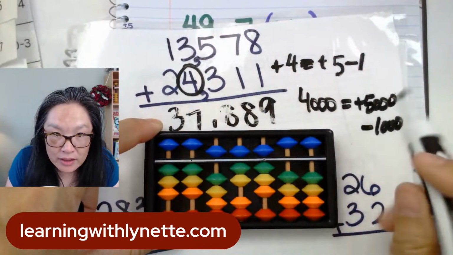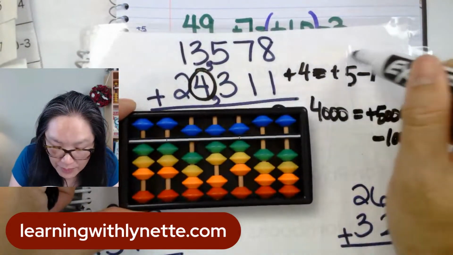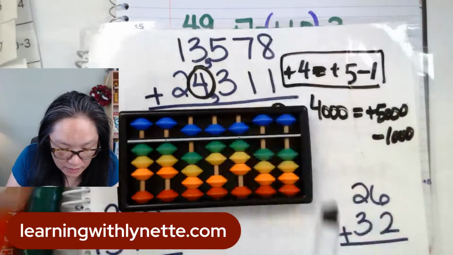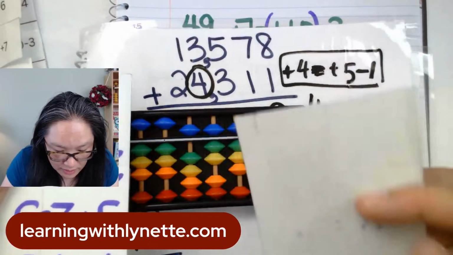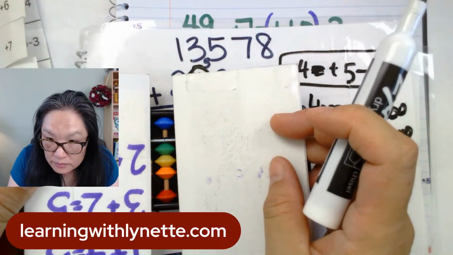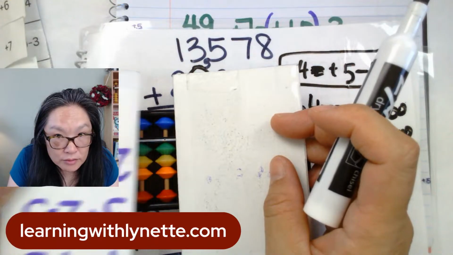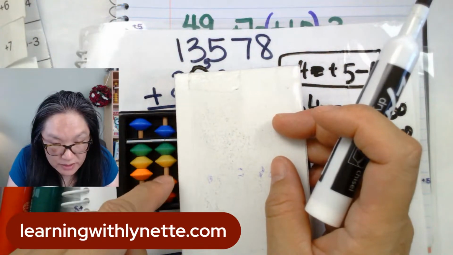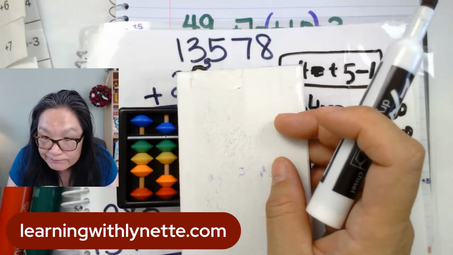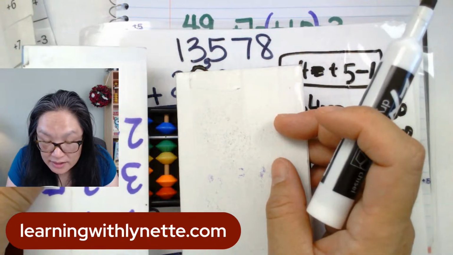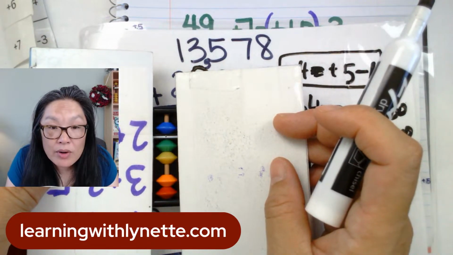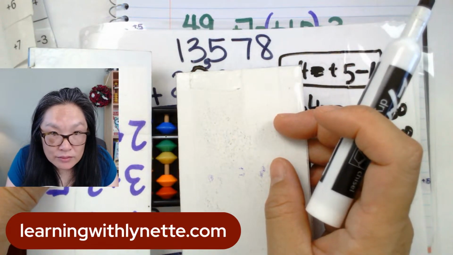We're not going to do that. We're going to be very basic. This one column: plus the 5 minus the 1. That's it. Wow, memorizing is important. Yes, memorizing with concept, right?